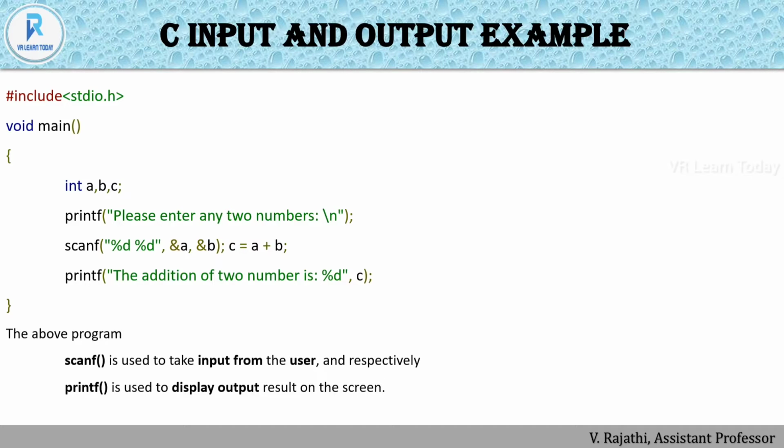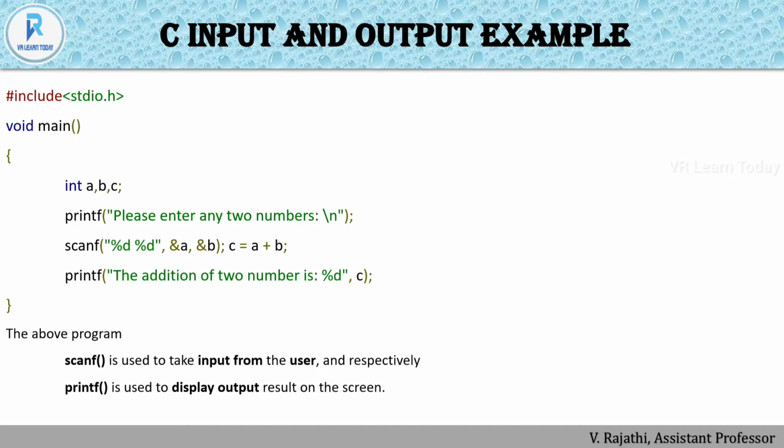Here we are using the integer data type, so we use %d. If it is a character, we use %c. If it is float, we use %f. For a string we use %s. A string data type is not directly available; instead of a string data type we have to use a character array. We will see that later.